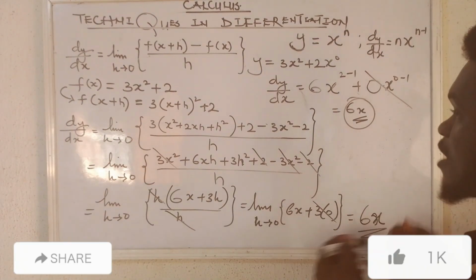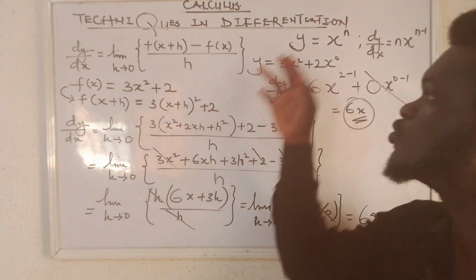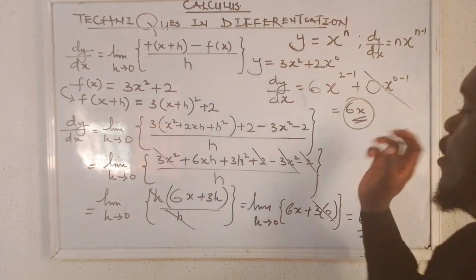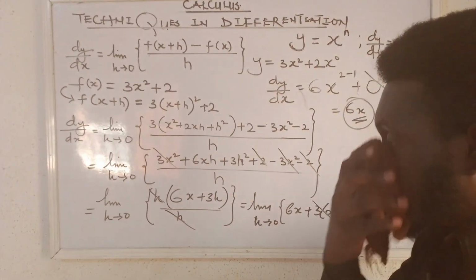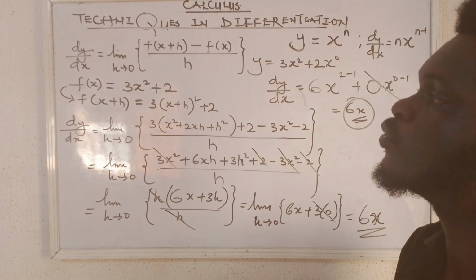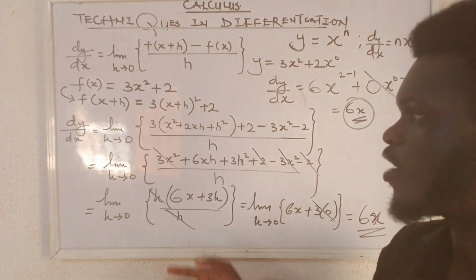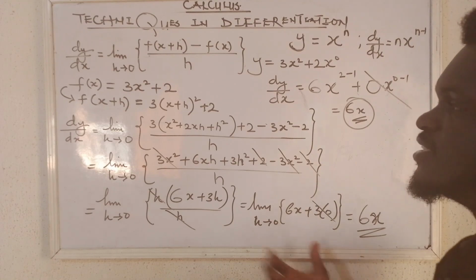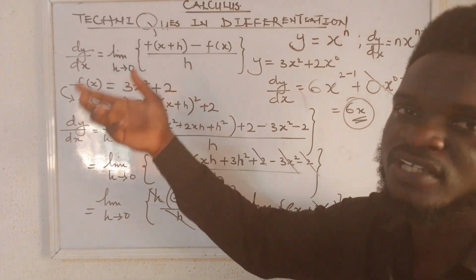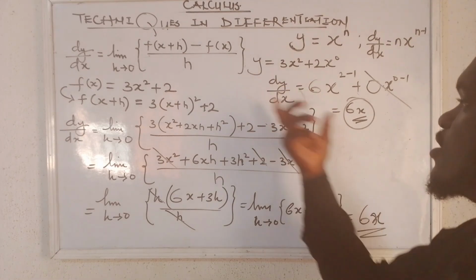Many people prefer using this method, this technique, to find the derivative of any function given. But for examination purposes, you may be told to specifically use the first principle, which is the definition of a derivative. This is the formula for the definition of a derivative, which I already explained in my previous class, and this is how we got this. You can see these two work the same.